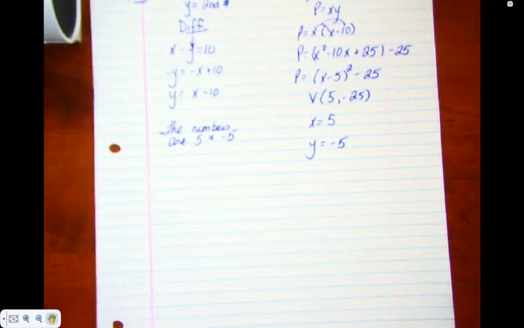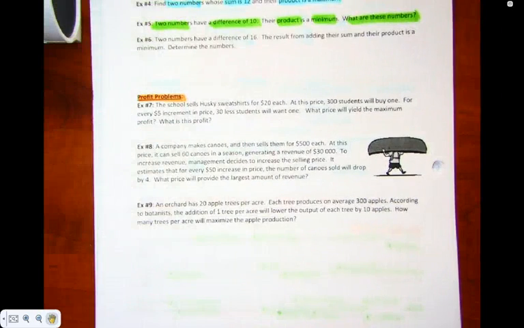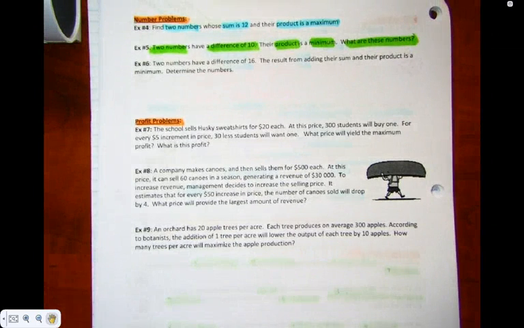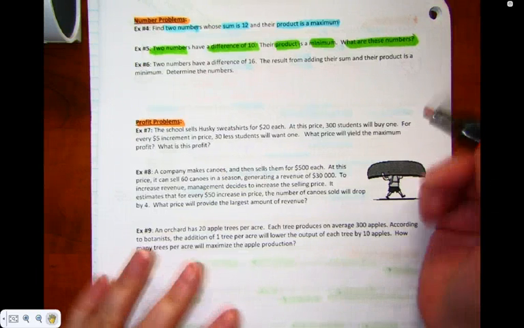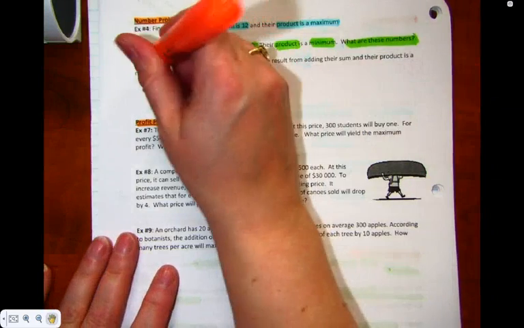Are you seeing the repetition? Number 6, more words. There's so many words. What would you like to highlight?